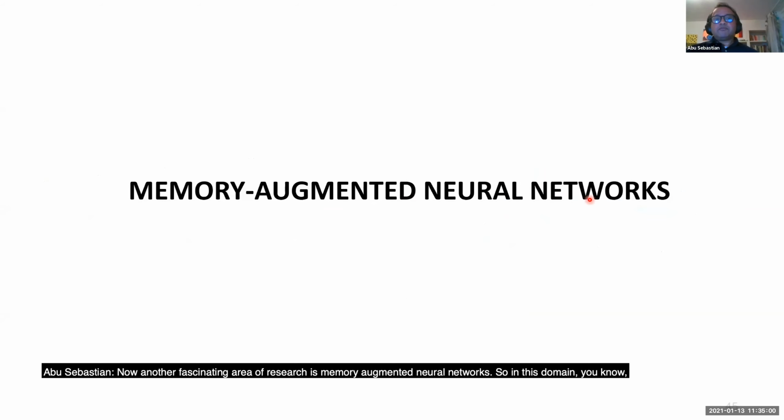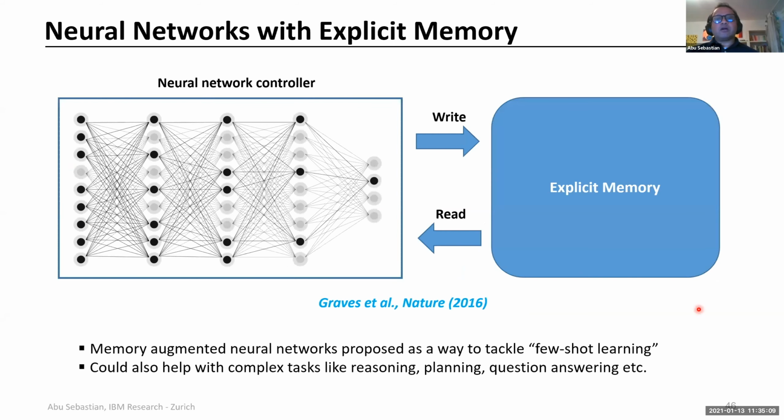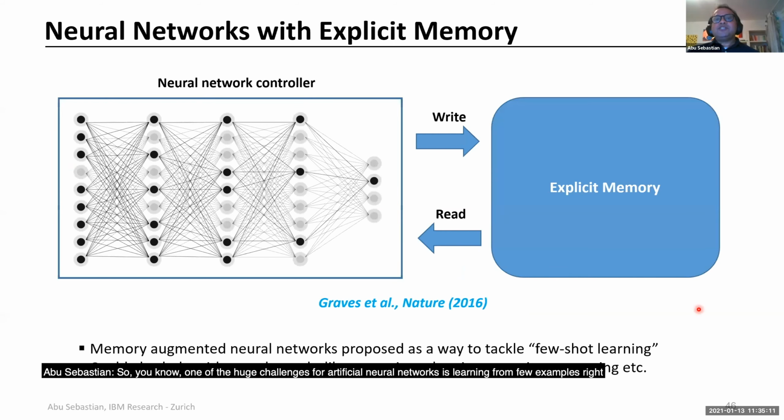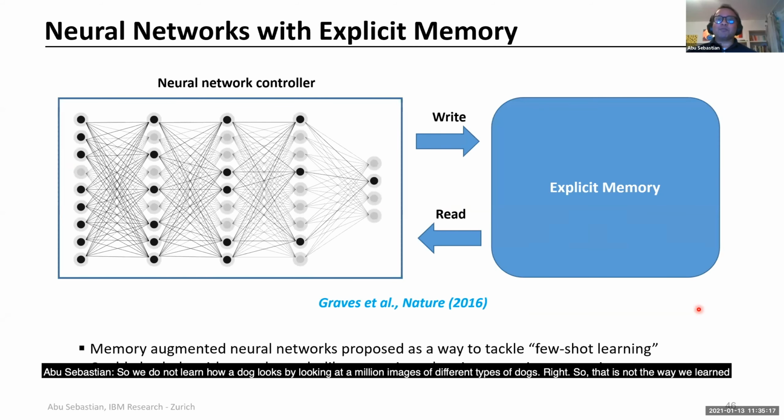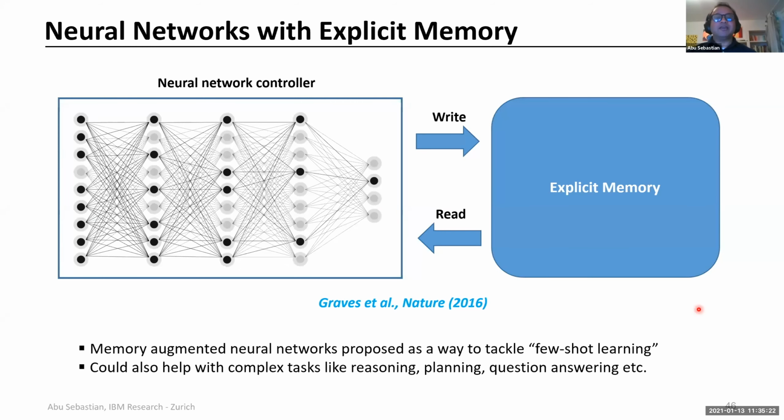Now, another fascinating area of research is memory augmented neural networks. In this domain, one of the huge challenges for artificial neural networks is learning from few examples, right? We do not learn how a dog looks by looking at a million images of different types of dogs, right? That is not the way we learn it.